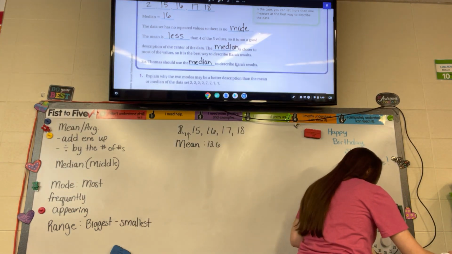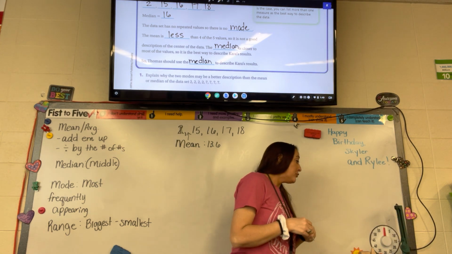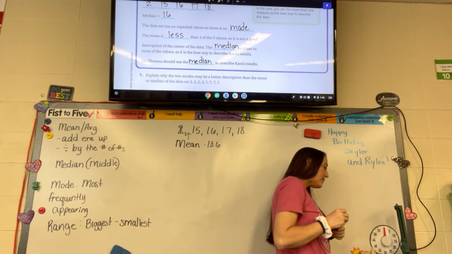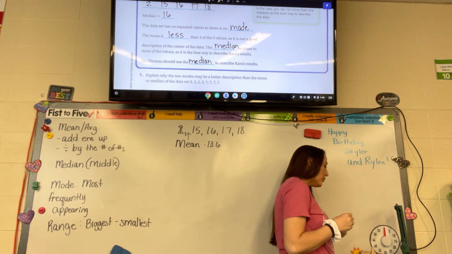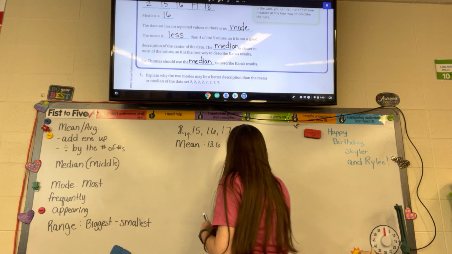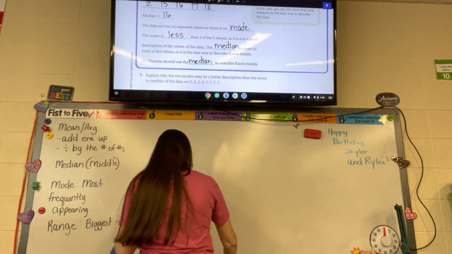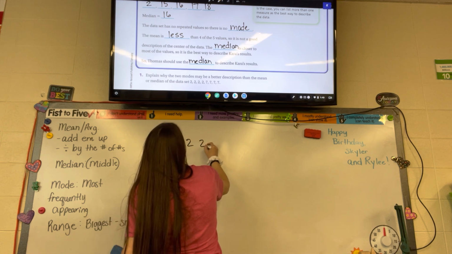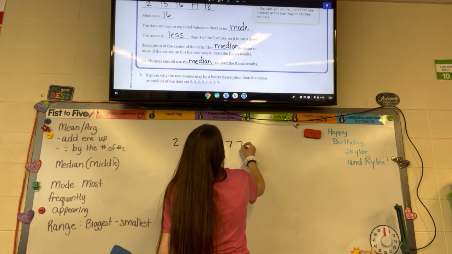Okay. Explain why the 2 modes in this data set may be a better description than the mean or median of the data set. Okay, so let's find the mean and median. So we've got 8 values there. There's 4 2s and 4 7s.